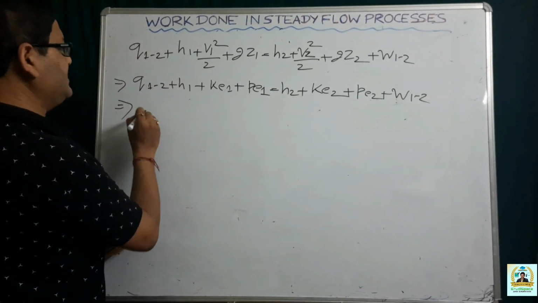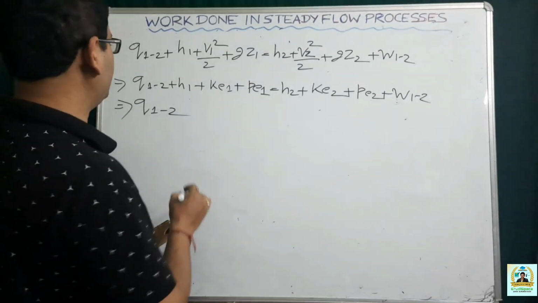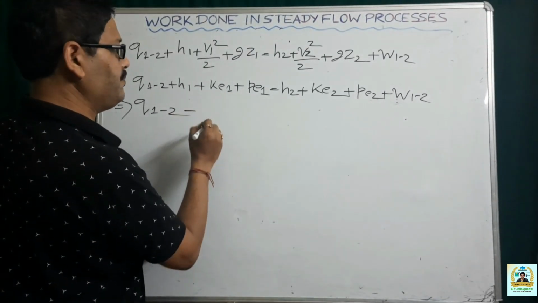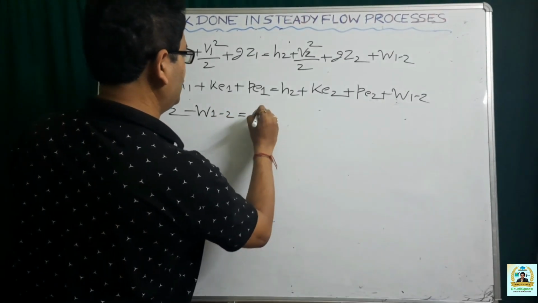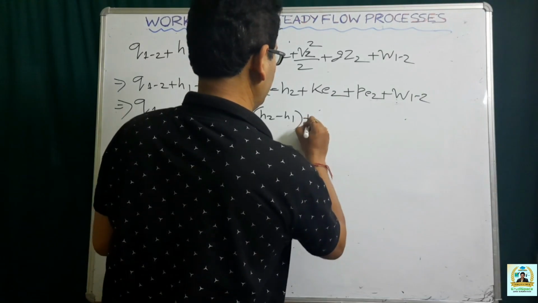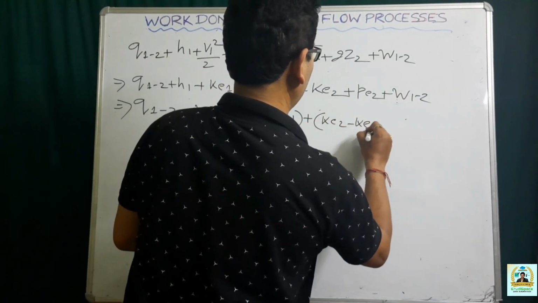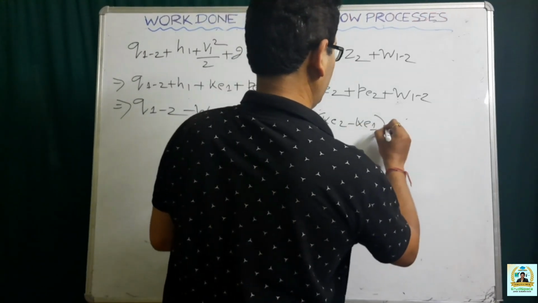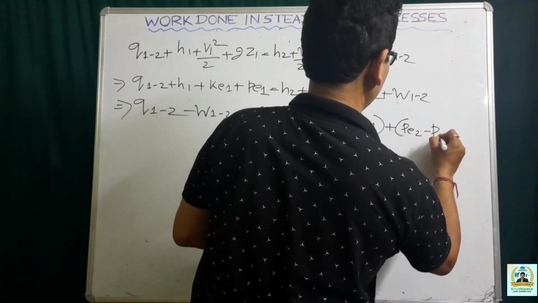We can represent this as Q12 minus W12 is equal to H2 minus H1 plus KE2 minus KE1 plus PE2 minus PE1.